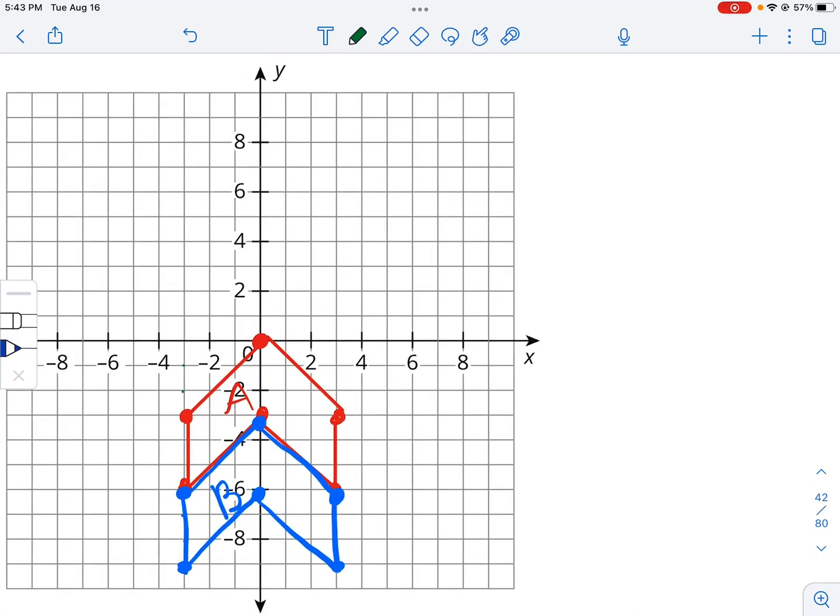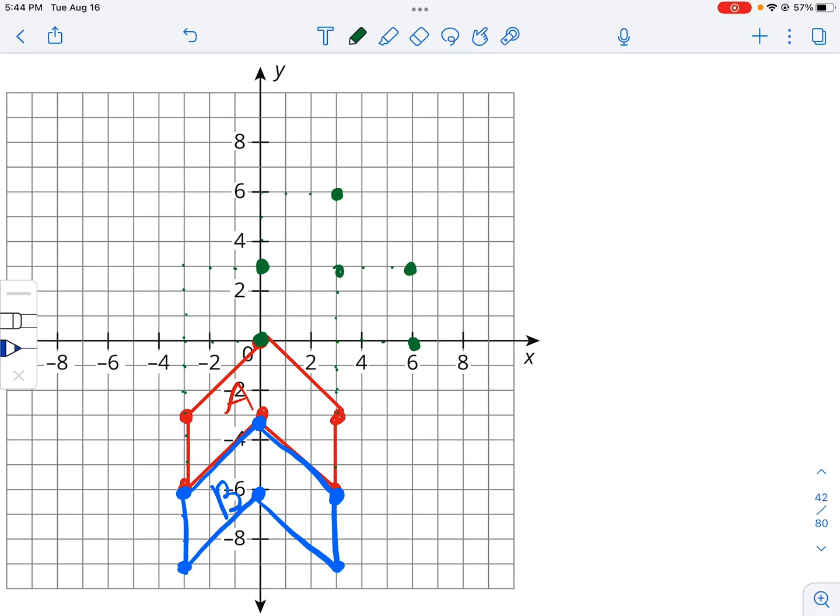So I'm going to go up 6 and to the right 3. So 1, 2, 3, 4, 5, 6. 1, 2, 3. And I repeat that for each point: up 6 and over 3.